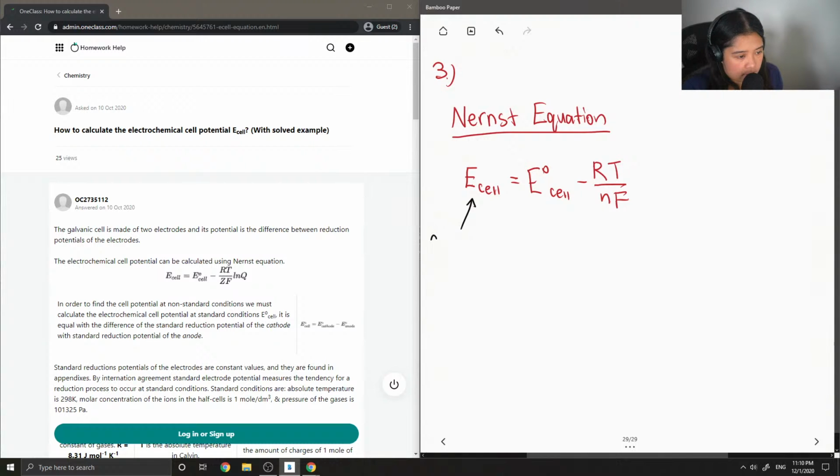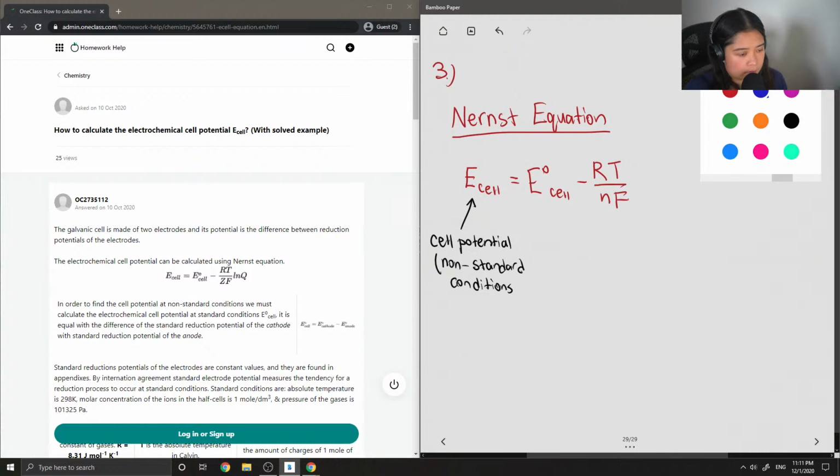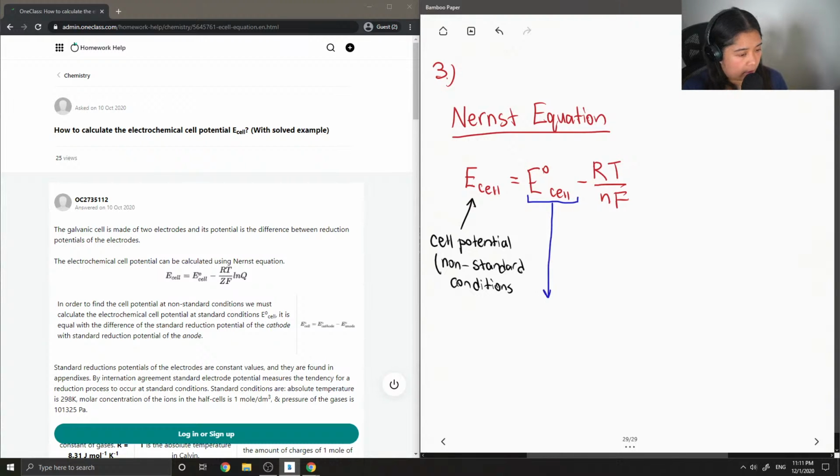Okay, so E cell is the cell potential, and this is in non-standard conditions. E cell, I'll define down here.